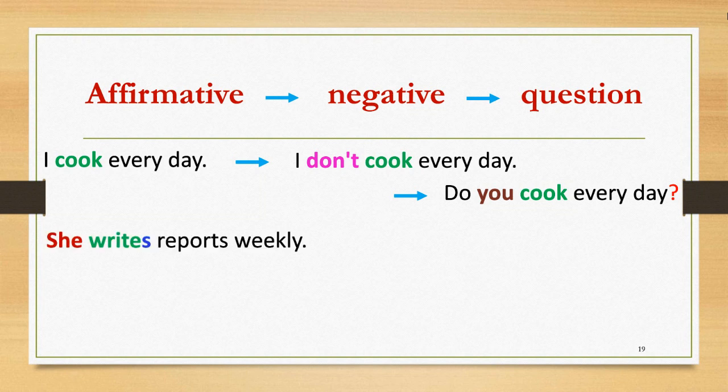Let's look at the second example. She writes reports weekly. The negative form? Perfect.